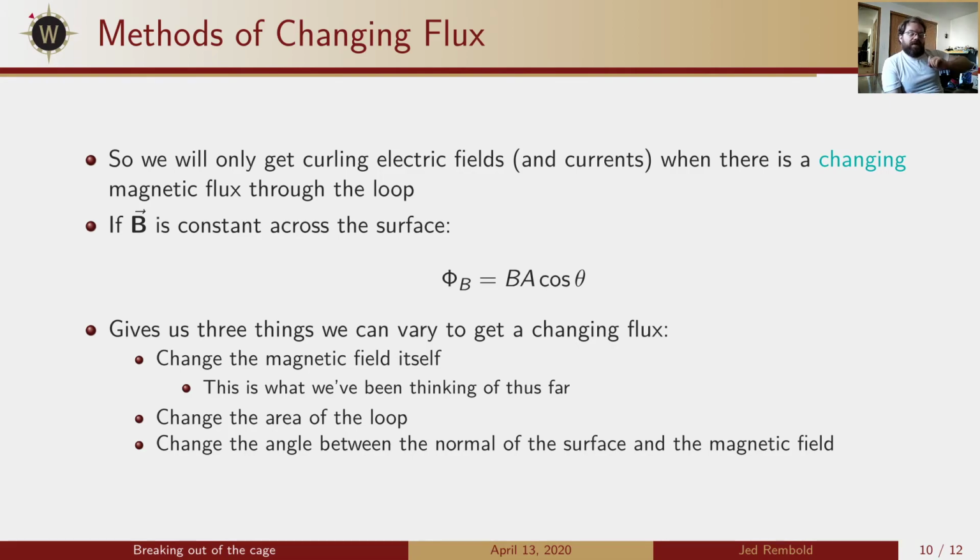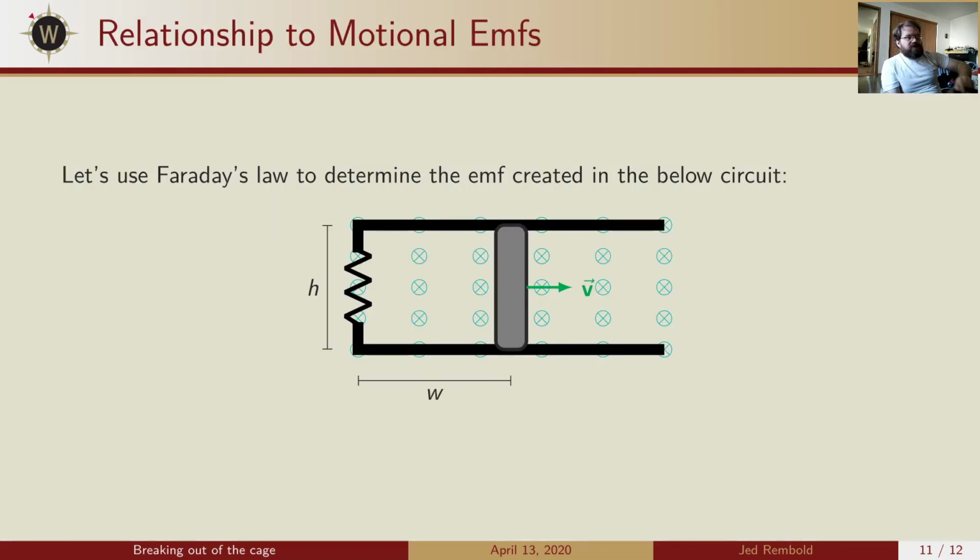The first one, we can actually check because we have already done this problem in a different way. So for the first one, let's look at the situation where we are back to our situation here, where we've got this bar sliding through a magnetic field. Previously, we did this with the idea of motional EMFs.